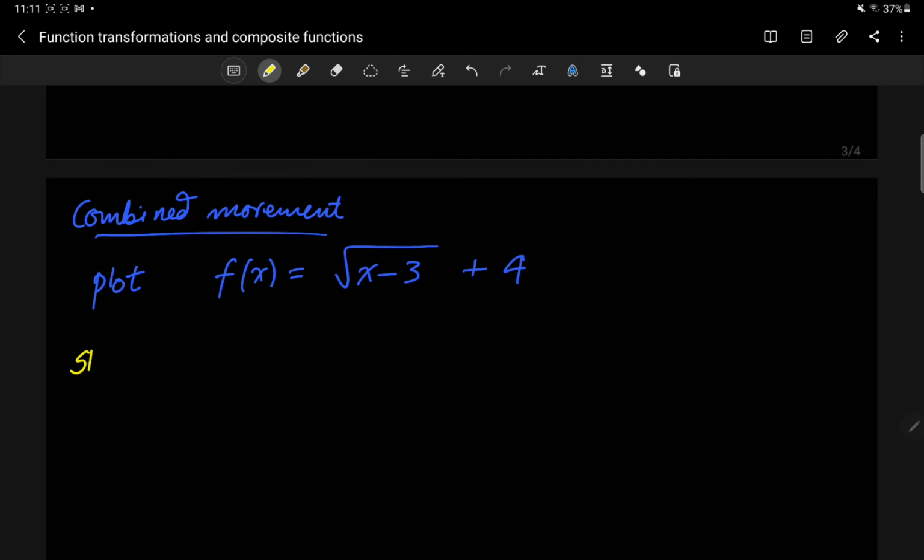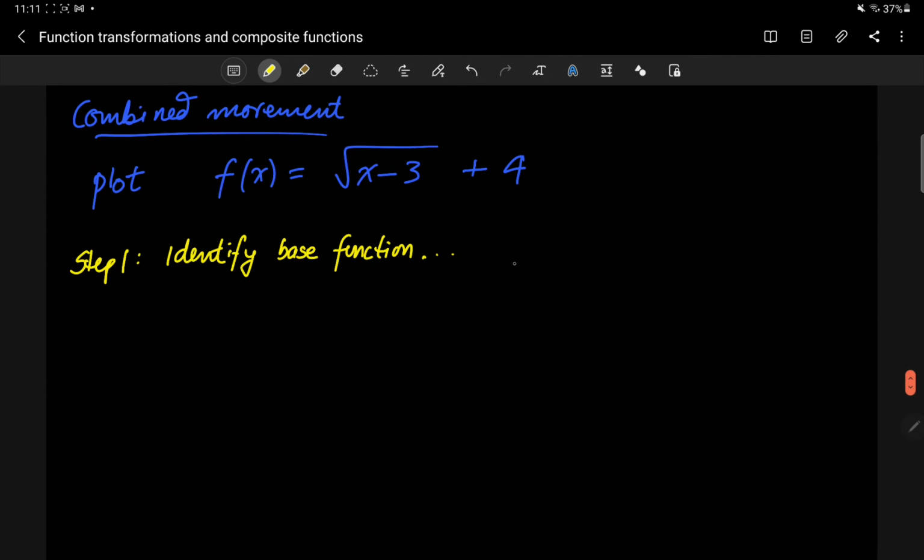Step 1 is to identify the base function. What does that mean? Here the base function is a square root, and then the square root gets transformed to square root of (x minus 3), and then to square root of (x minus 3) plus 4. So that's my base function.